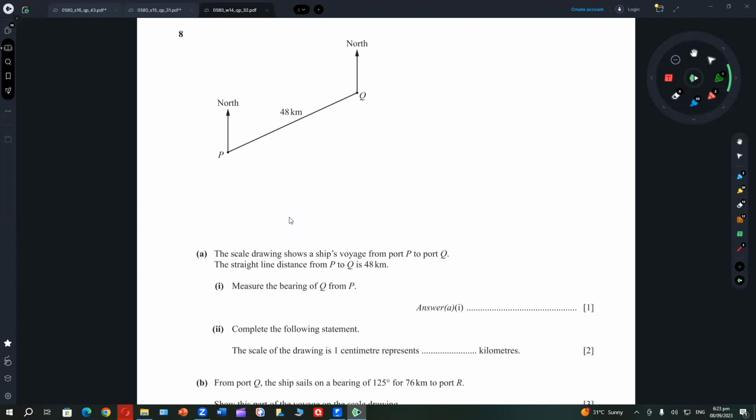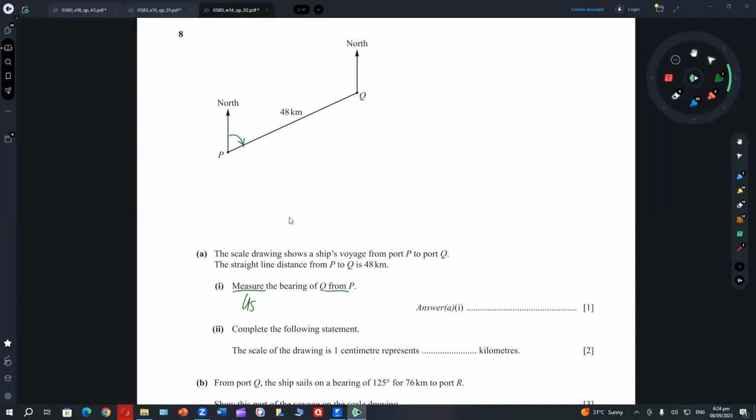Measure the bearing of Q from P. The rule was that you always look for the letter that comes after the word from. What is the letter after the word from? P. Wait, sir, for the bearing you need the protractor, right? Measure means you need a protractor. When it comes to bearing, you always need a protractor.